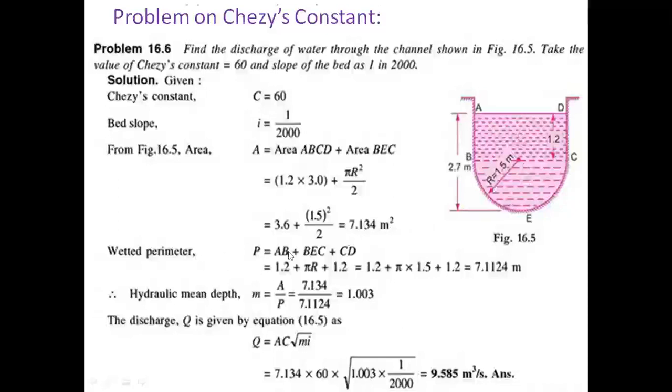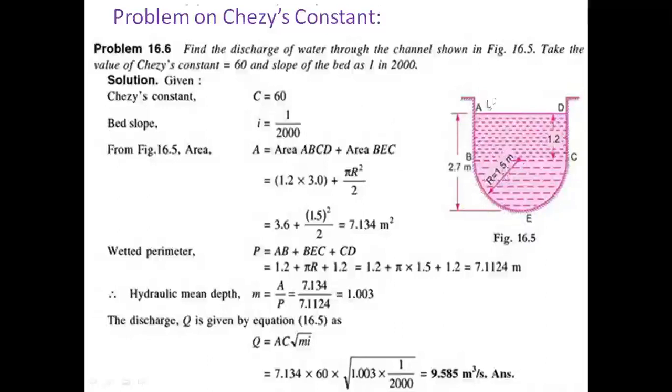Wetted perimeter of the channel. Now find the wetted perimeter of the channel, P equal to AB plus BEC plus CD, for both the rectangular and semicircular channels.